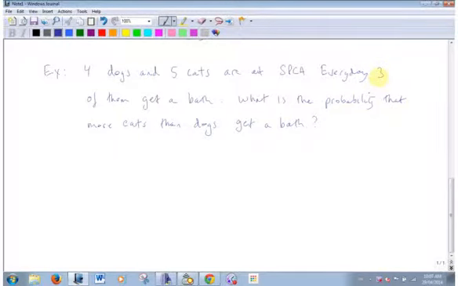Could I have 3 cats getting a bath? Sure, that's more cats than dogs, right? Could I have 2 cats getting a bath and 1 dog? It's more cats than dogs, right? Could I have 1 cat, 2 dogs? No. Is there anything else? Either I got 3 cats or I got 2 cats, right?